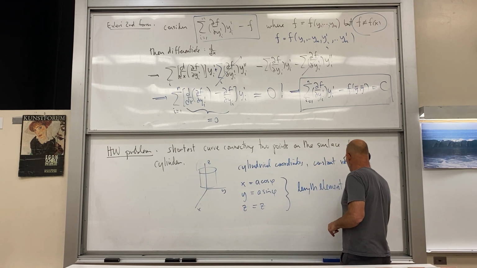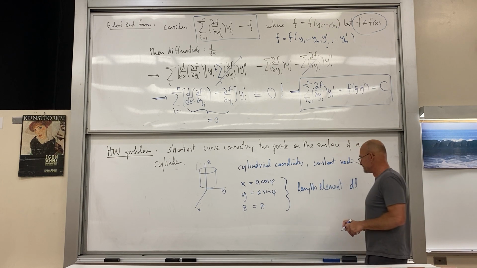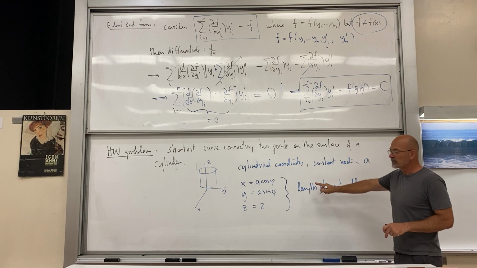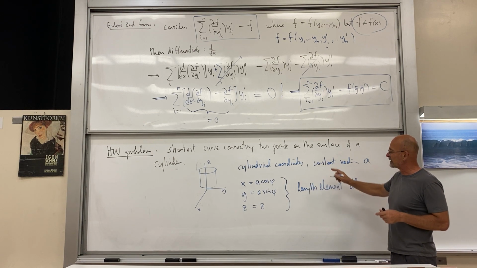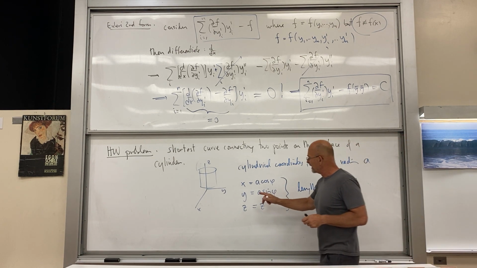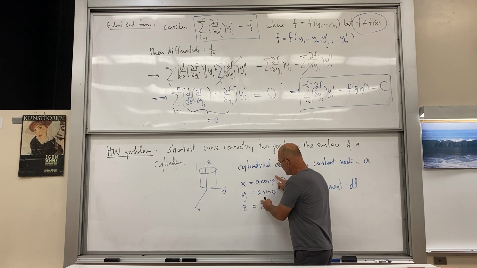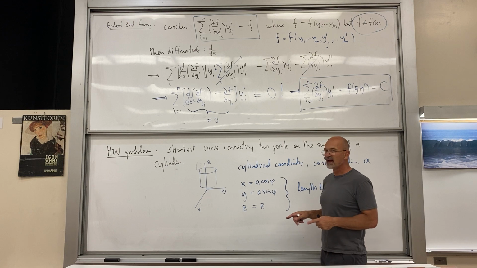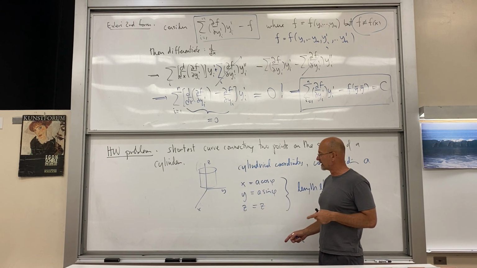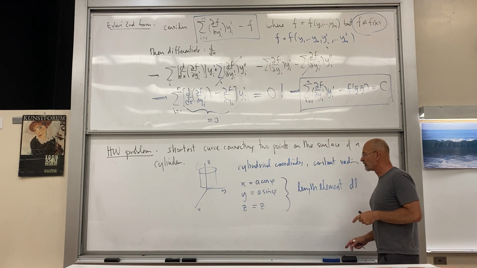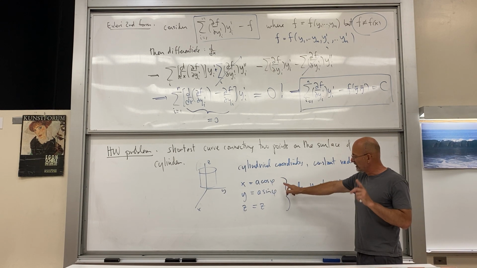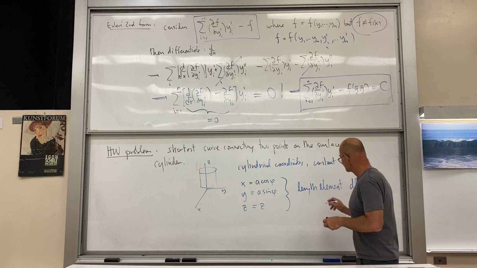We want a length element dl. And we can use the Pythagorean theorem here, because we know that these coordinates were orthogonal and normalized when we did the cylindrical coordinates. Okay? So we're not actually going to have to use the phi hat and so forth, but it's in the background there.